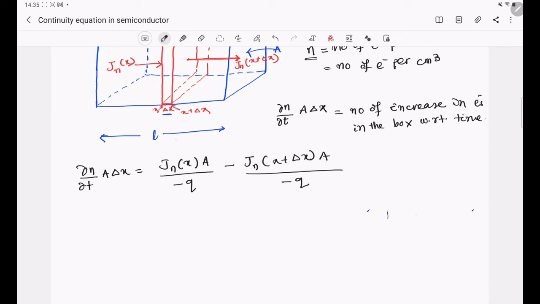Here the first term represents the number of electrons flowing into the box. And the second term represents the number of electrons flowing out of the box.